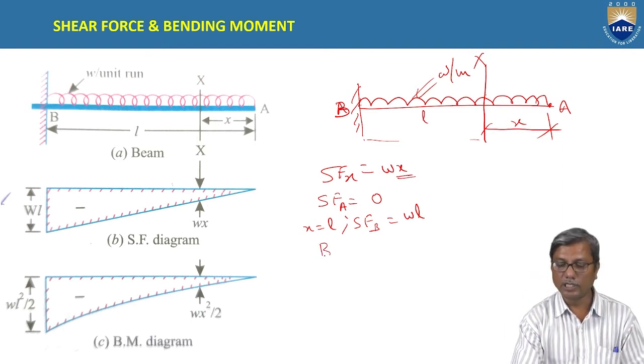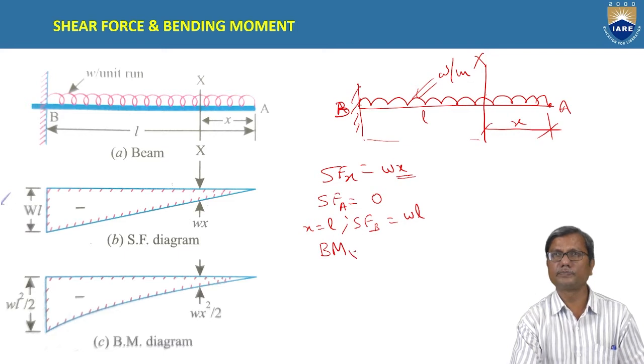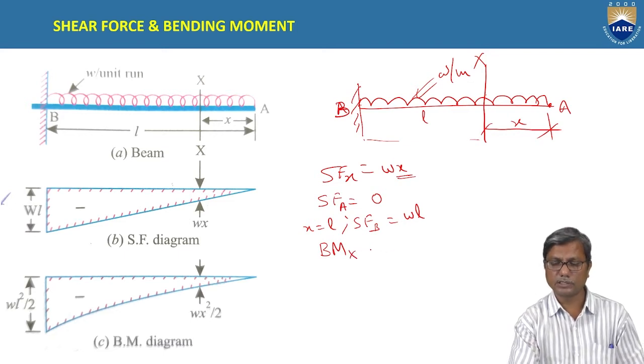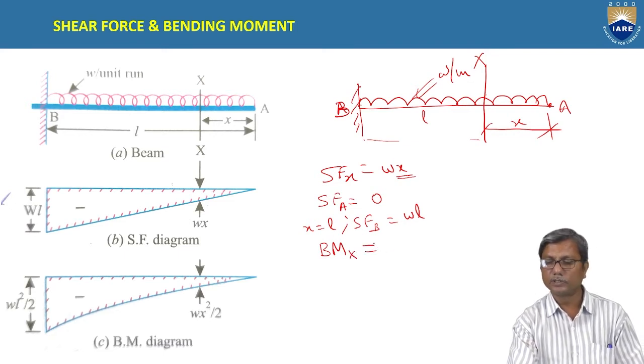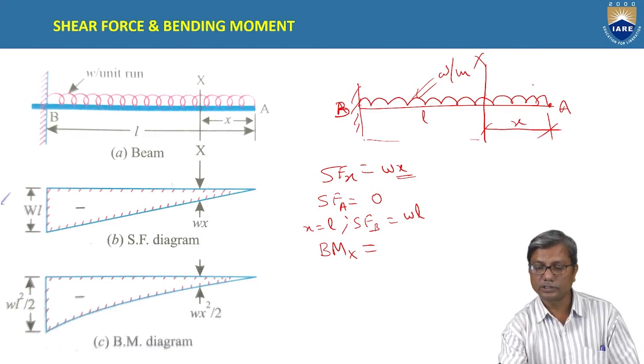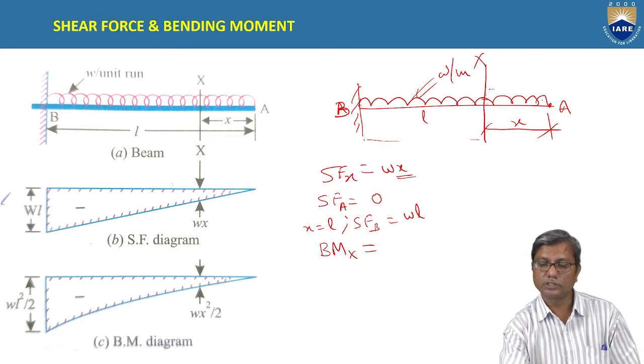Now consider the bending moment at section X. What is the bending moment at section X? It is the moment of the force lying to the right of the section. So this is the load which is to the right of the section.